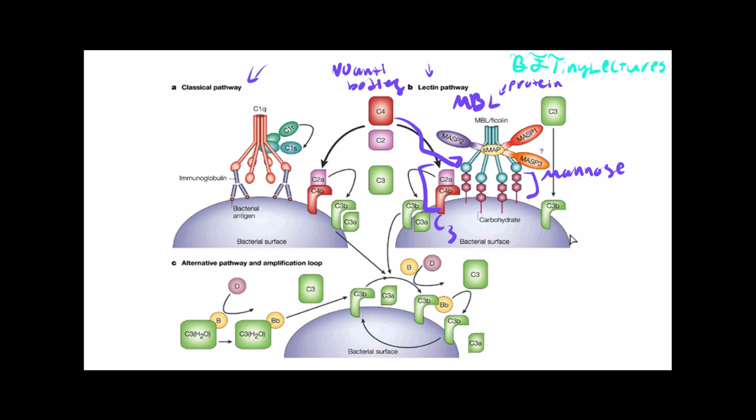C3 will split into C3b, and then C3b is going to bind itself to another C4b, C2b, this is B right here, and make C5. C5b is then going to bind to C6, C7, C8, C9, and create a hole inside the pathogen, and that's called the membrane attack complex.